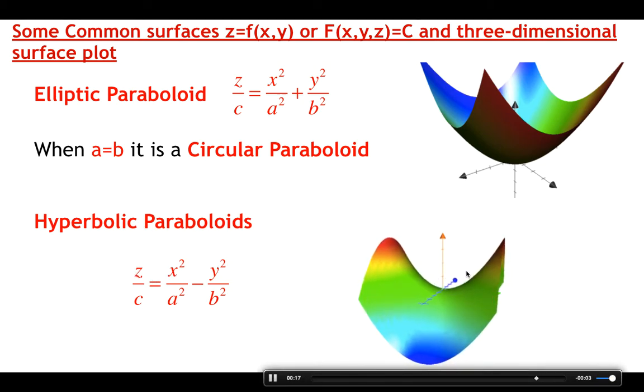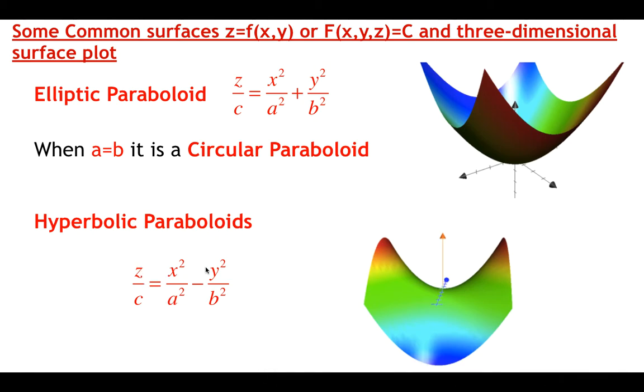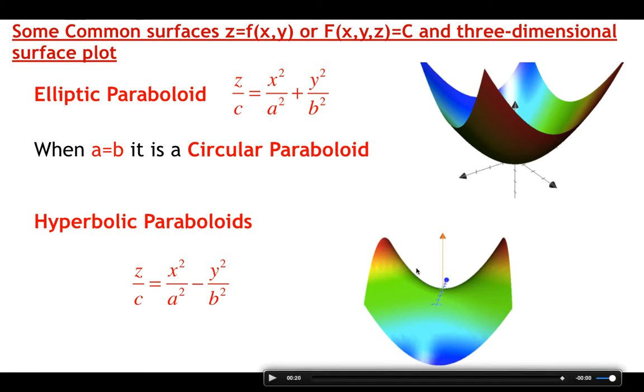So on one side is an upward parabola, on the other side there is a downward parabola, and for z fixed you can see that there is a hyperbola. For a fixed height there will be a hyperbola formed on both sides, this hyperbola here. So this is a hyperbolic paraboloid.